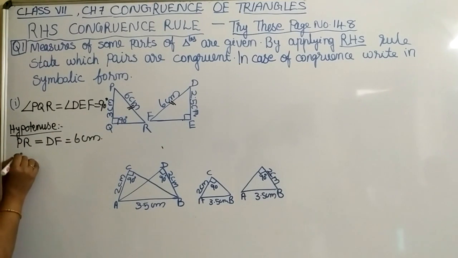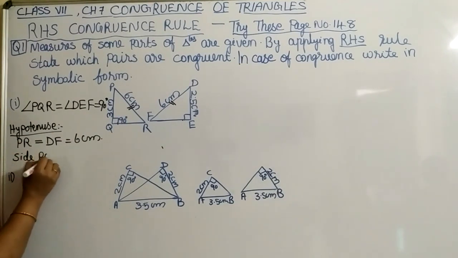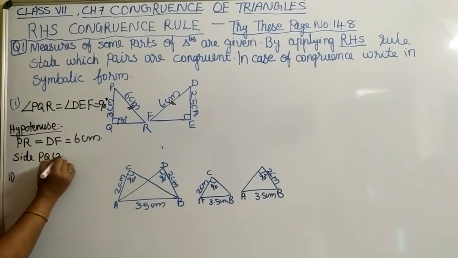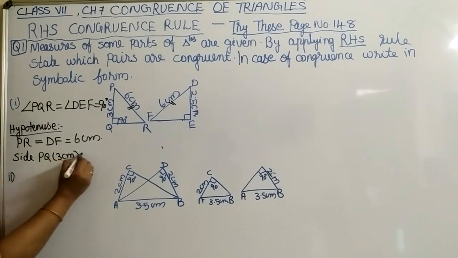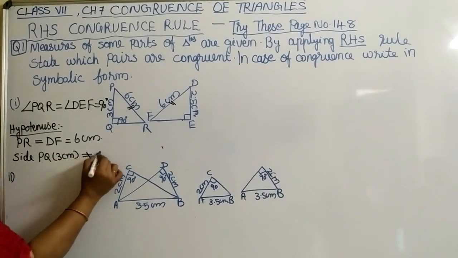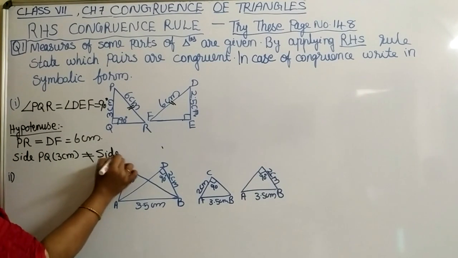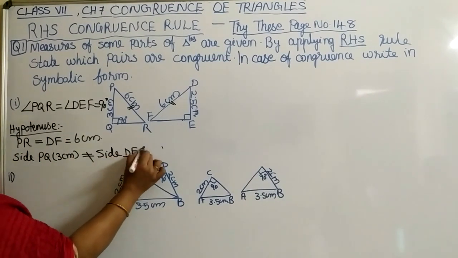Now side PQ, which is 3 centimeter, not equal to side DE.